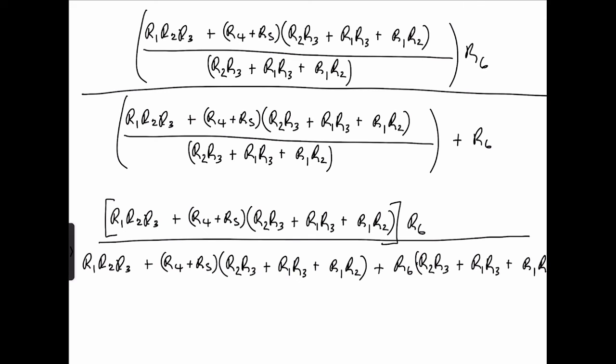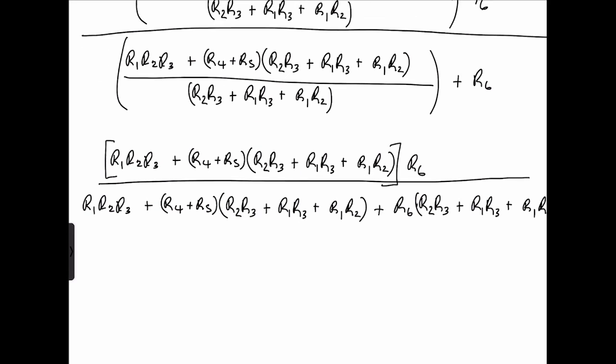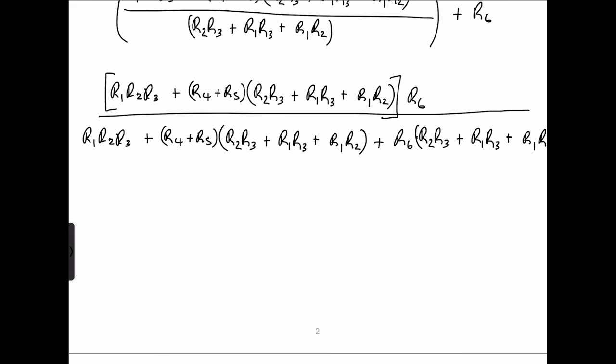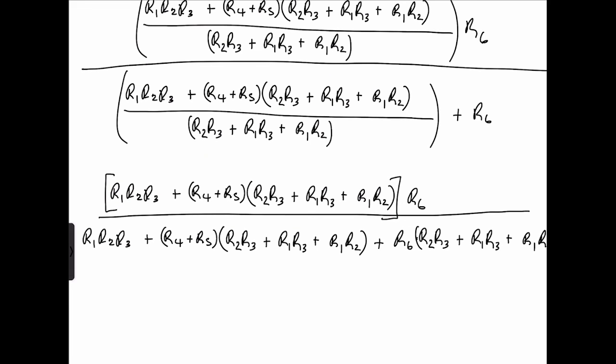So basically what we have here is R equivalent 3, the resistance at the end. I think I should just erase this and write it so we can see what's going on. So that's basically R2 times R3 plus R1 times R3 plus R1 times R2.